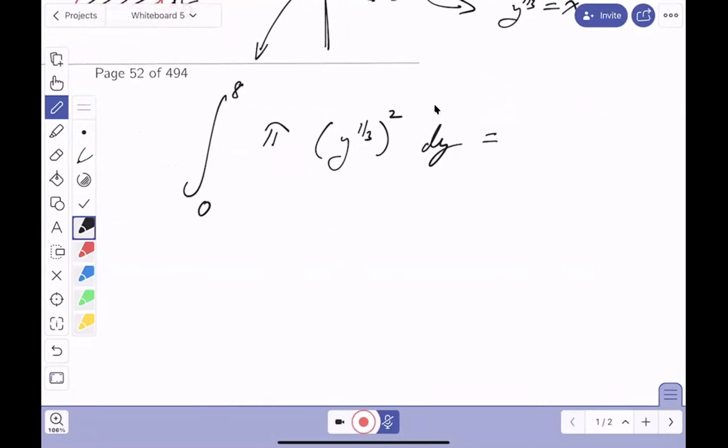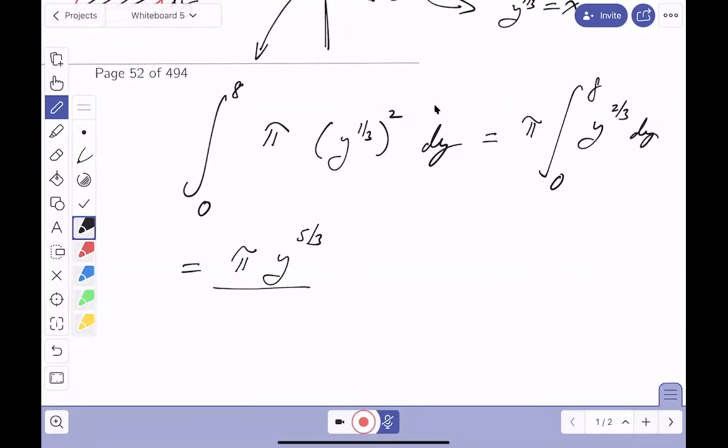I'm going to try to do my integration now. Pi, integral from 0 to 8, y to the 2/3 dy. Pi, I increase the exponent by 1, so that's y to the 5/3. I divide by 5/3 or multiply by 3/5, from 0 to 8.